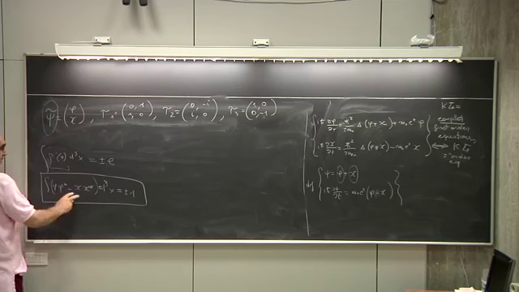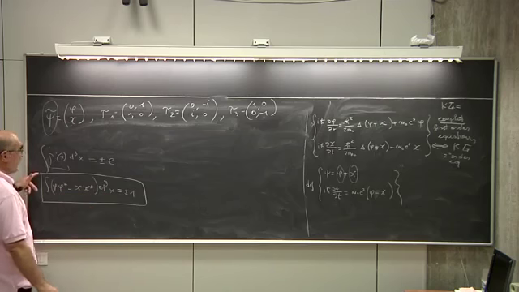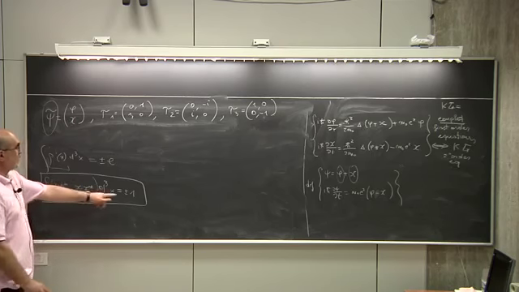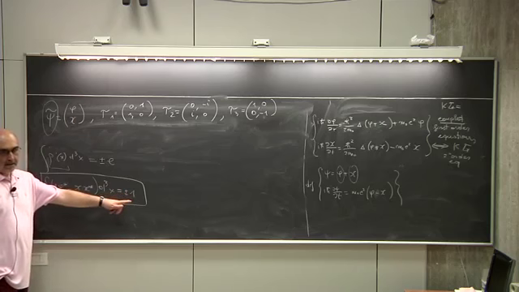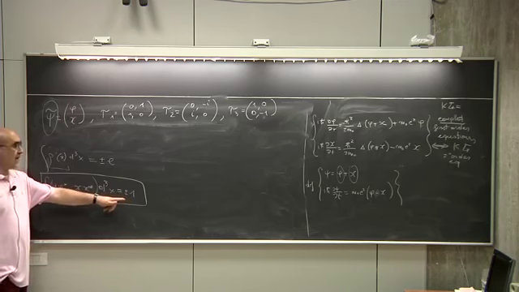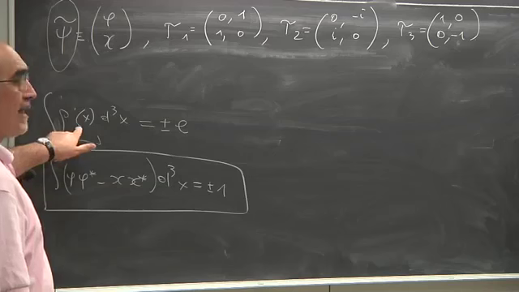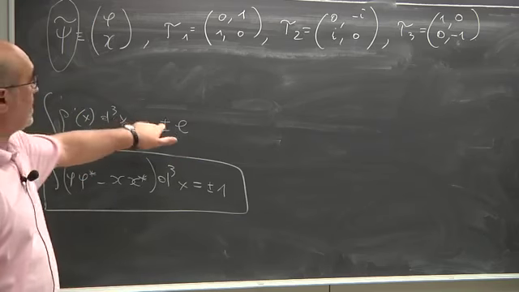The minus 1 might come from the fact that this is normalized and this is 0, and then you get the minus 1. But anyhow, the space integral of the rho and the chi are related in this manner. If I ask you why they are related in this manner, they derive from the normalization of the psi, which in turn gives you that the integral of the charge density is plus or minus E.